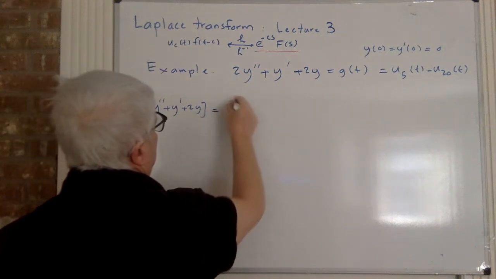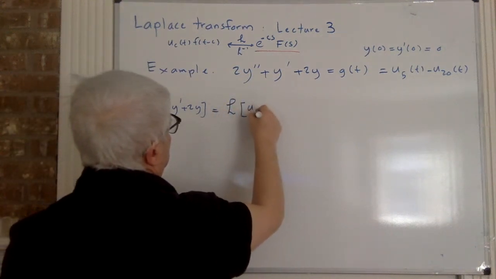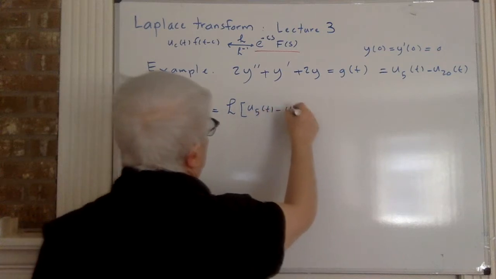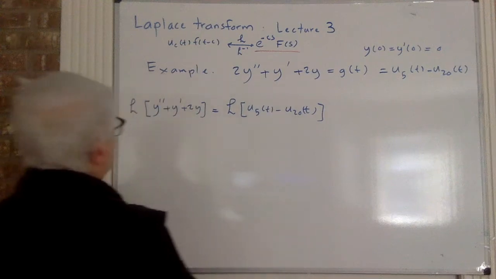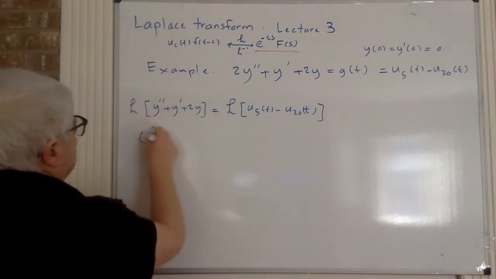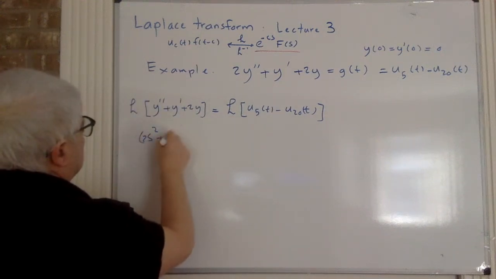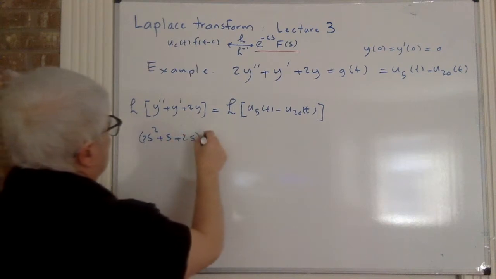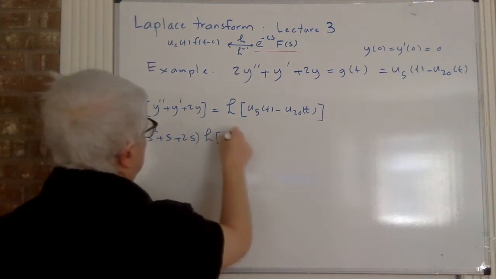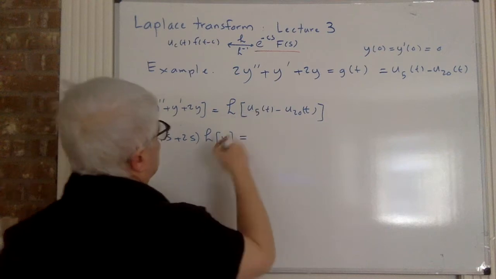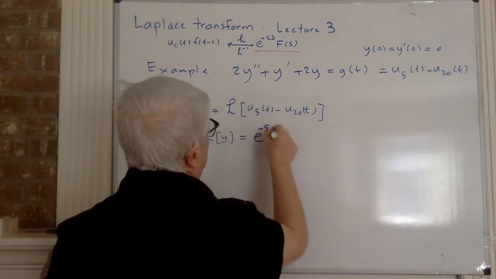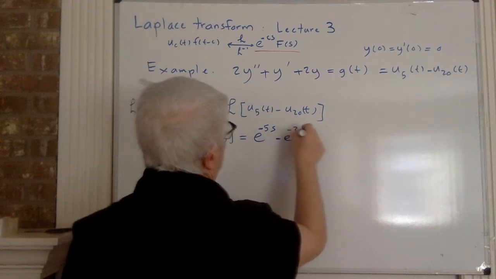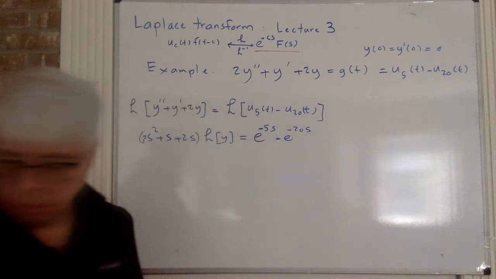And on this side I have L of u5(t) minus u20(t). So I have (s squared plus s plus 2) L of y, and on this side I have e to the power minus 5s minus e to the power minus 20s.